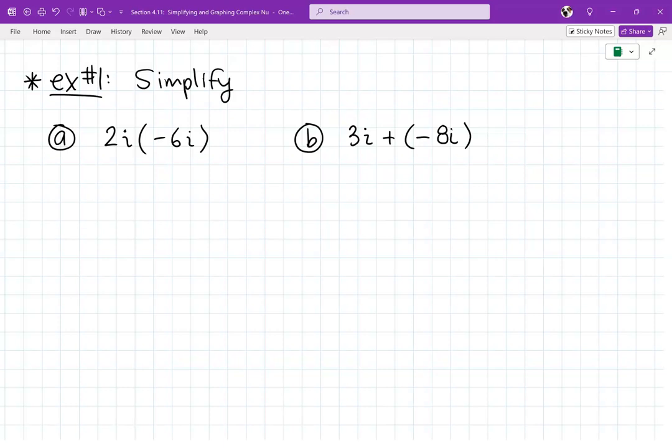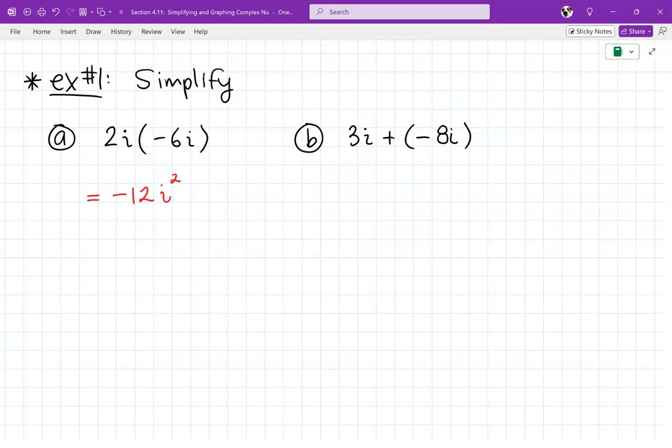So we're going to simplify, let's say part A, 2i times -6i. Now remember, treat the i like any other letter, like an x. If you had x times x, you would write x squared. So for part A, 2i times -6i, well, 2 times -6 is -12. And then i times i is i squared.